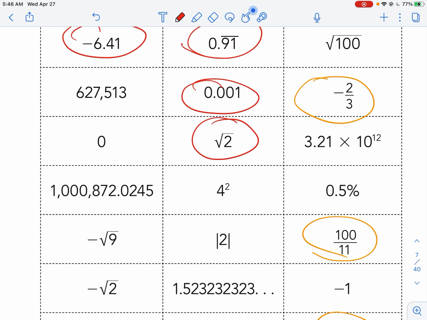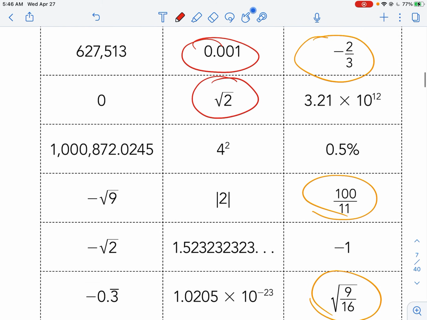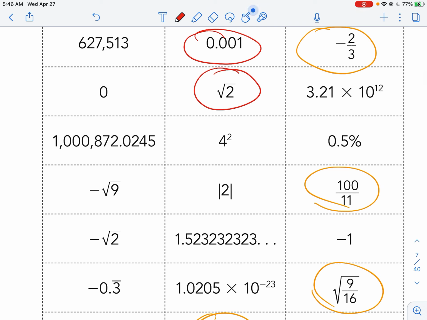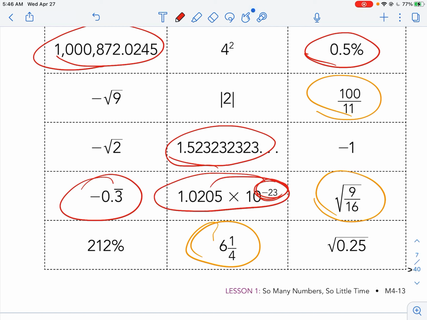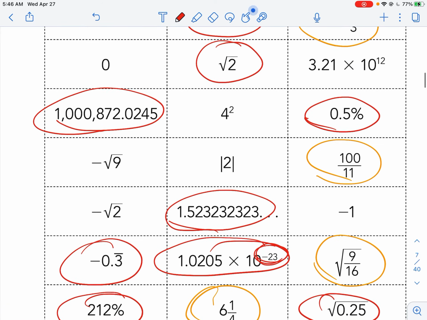This will actually be a decimal because it's not going to come out to be a whole number. Okay, decimal, decimal, decimal, decimal, decimal. This is negative 23, so that will be a decimal. This will be a decimal, and this will be a decimal.